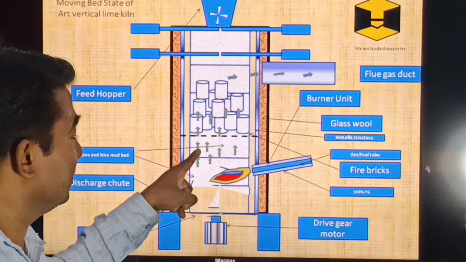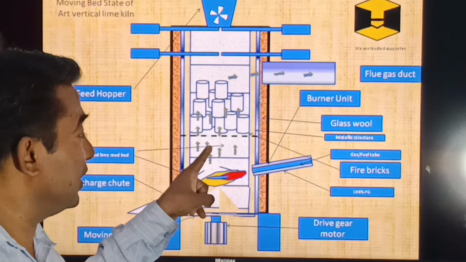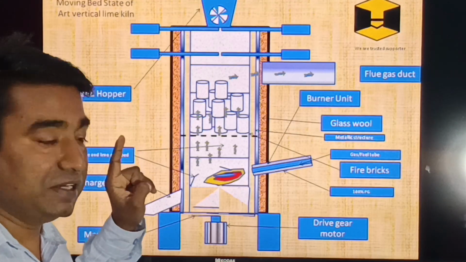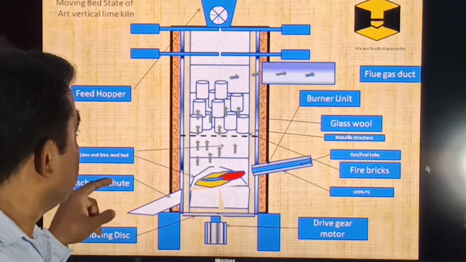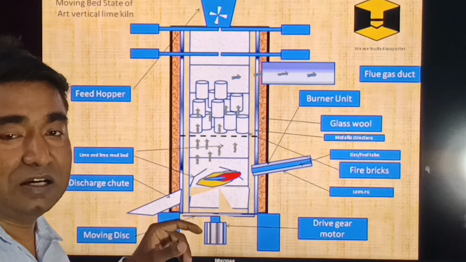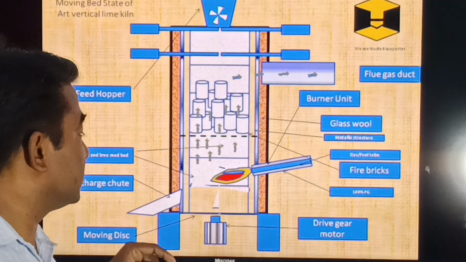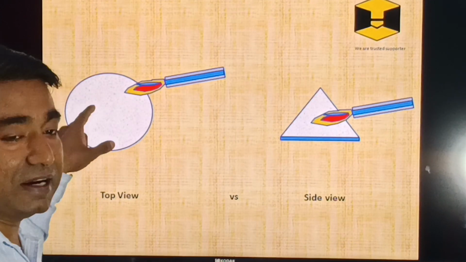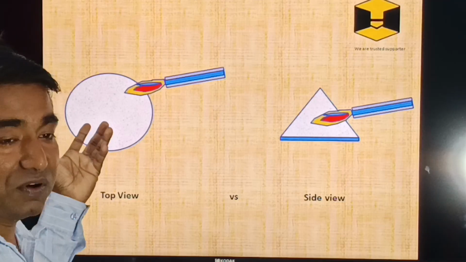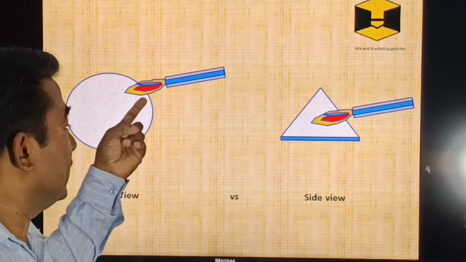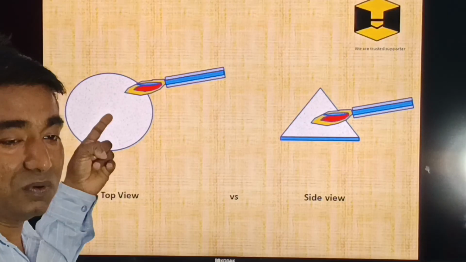In the meantime, it is not allowing fines and other powder to sweep away to the ESP. For better understanding, I am showing you a top view and side view of the system. If you see, the kiln will look like that. It is a disc over which lime powder is laying, and it is getting burned over the disc.